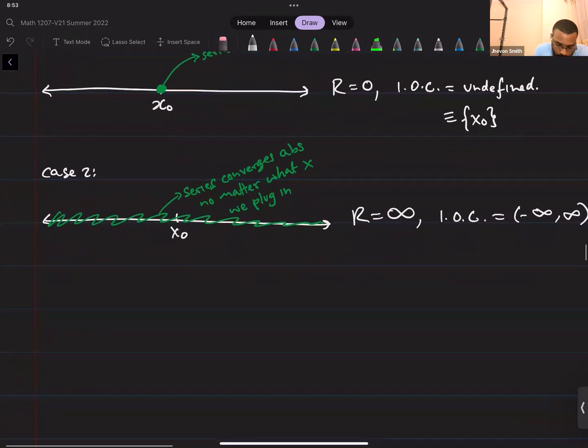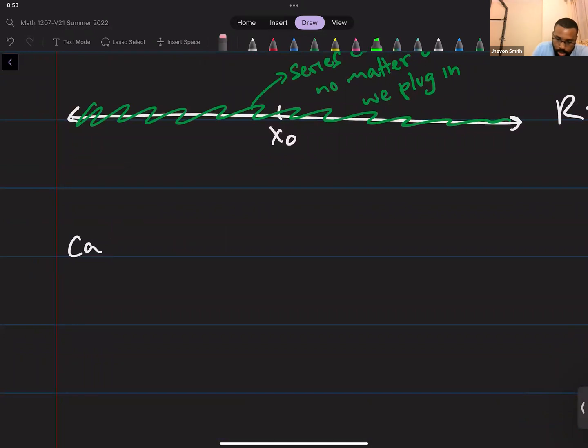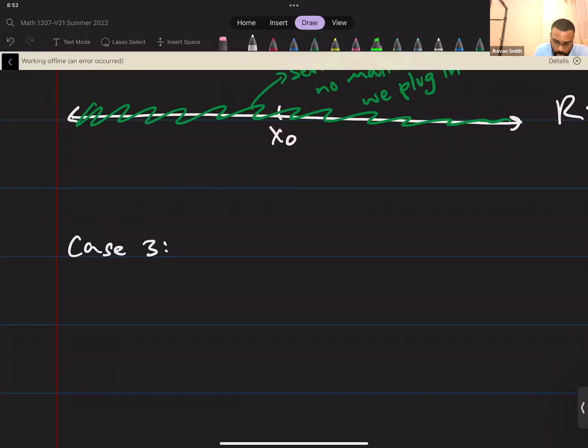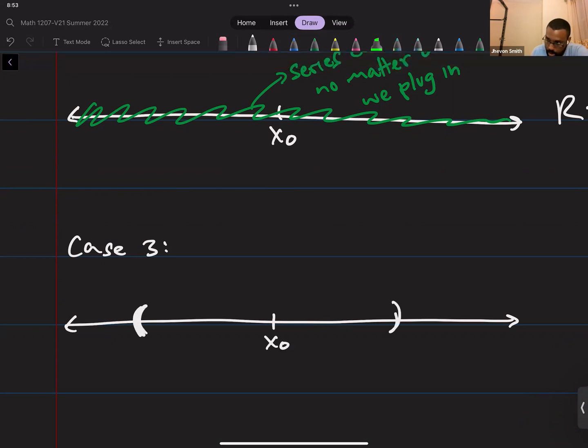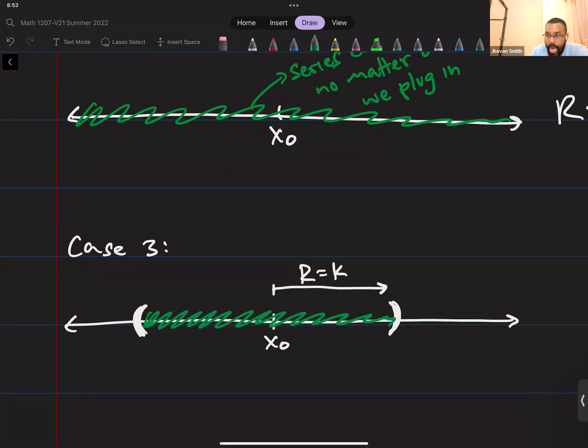Now there's a third situation. You have your x naught, but it only converges up to a certain point. So there's going to be a distance that it can move to the left or the right from x naught, where x naught is exactly in the center. So this is like r equals k. Inside here, the series converges absolutely. Outside, it does not. But inside, it makes sense.